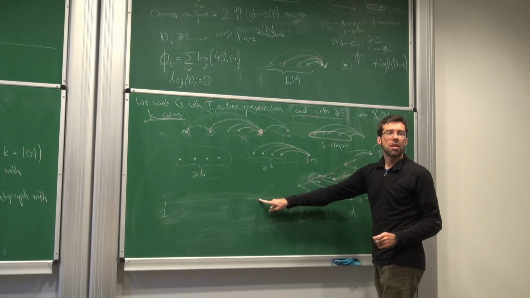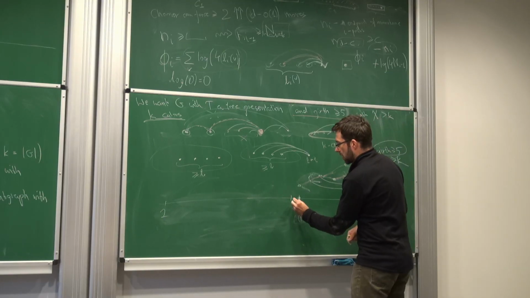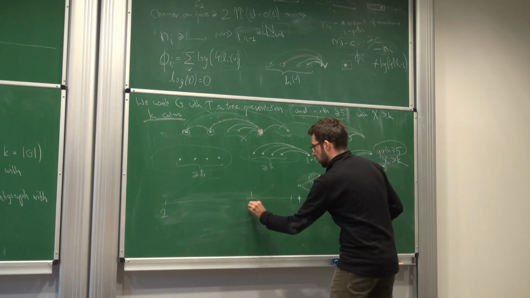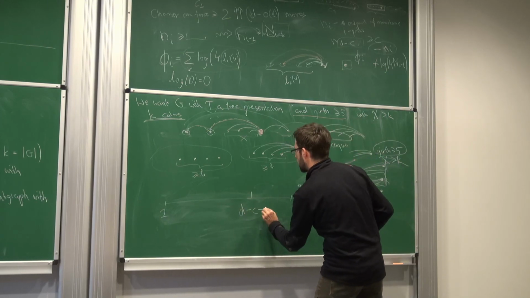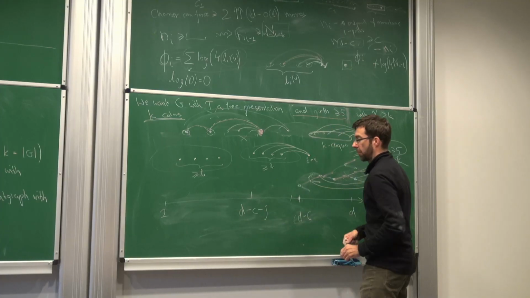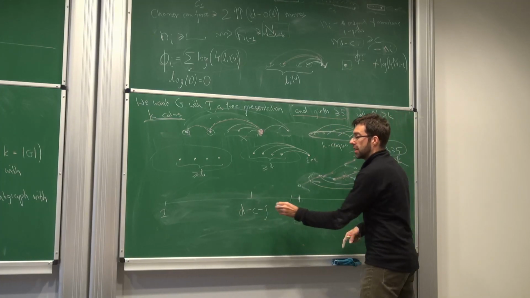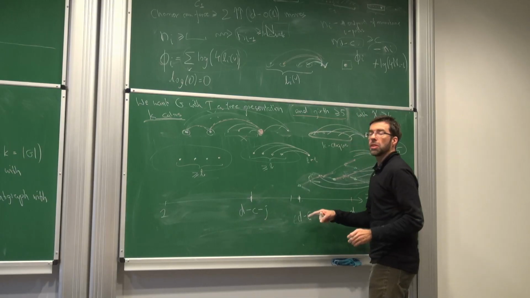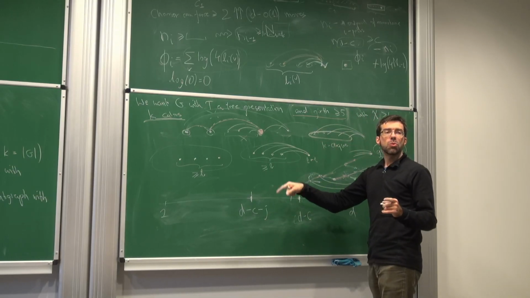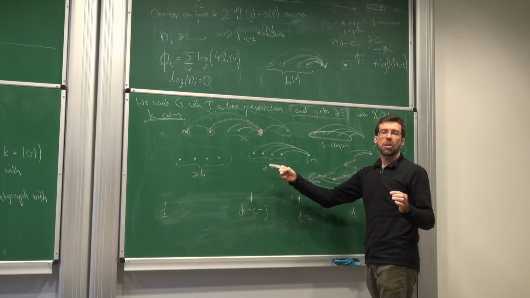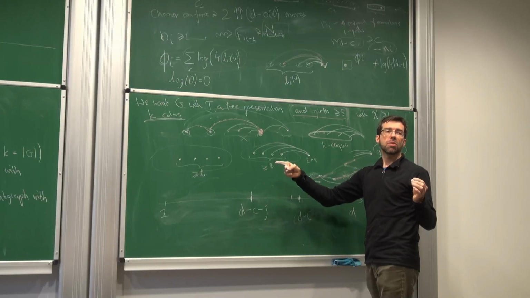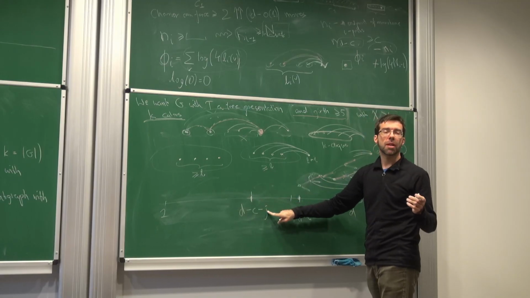So basically, if we look at d minus c minus j, then this function will be decreasing every 2 to the power j plus 1 steps. Yes?